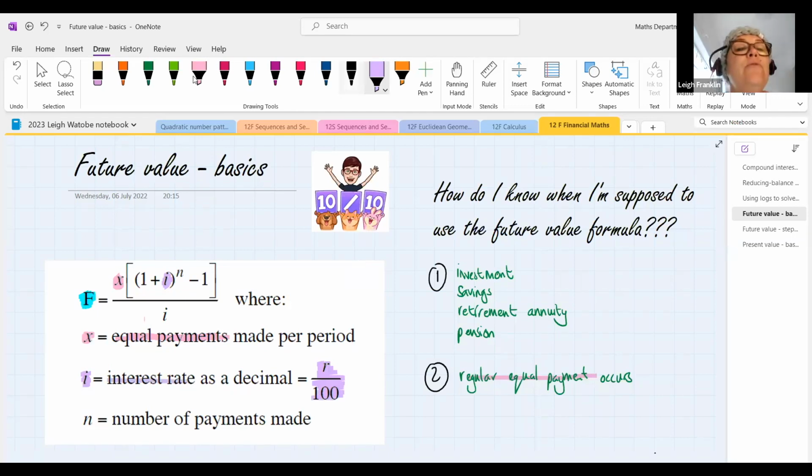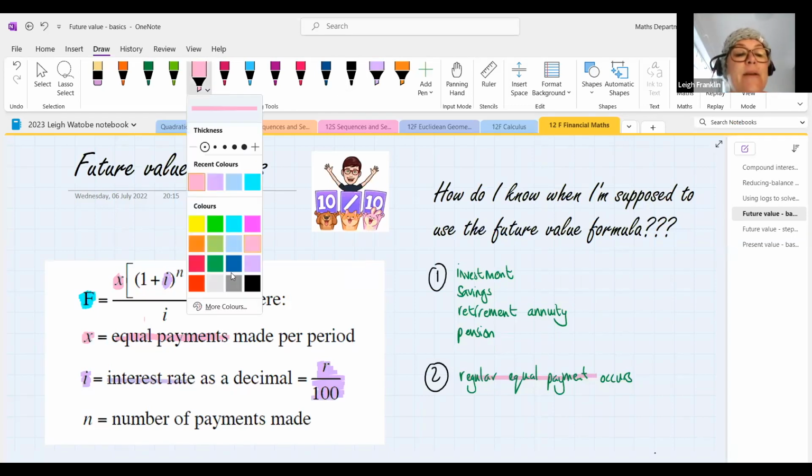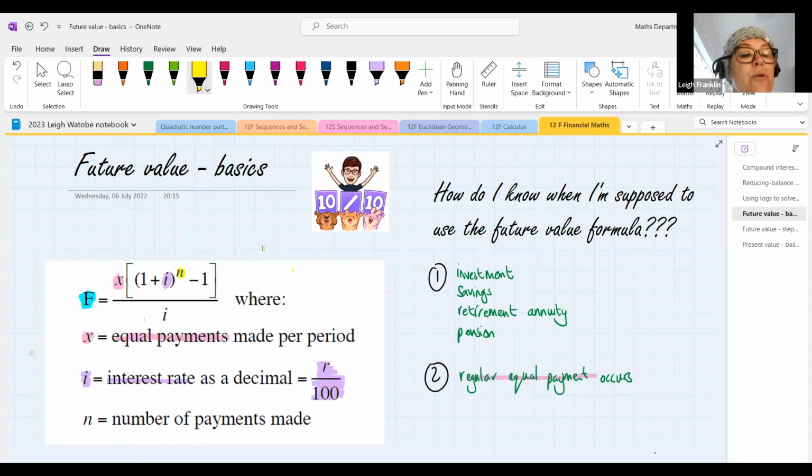And now for the letter N. When we are talking about future value, N represents the number of payments that are going to be made. We can also relate it to time because, if one payment is made per month for 2 years, then it would be 24 months.